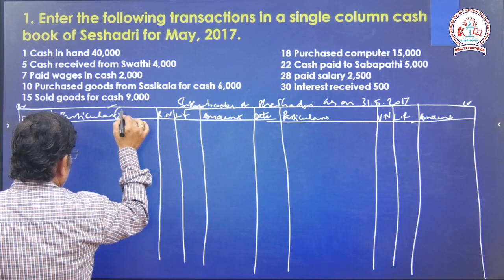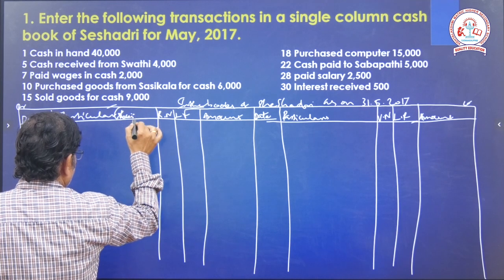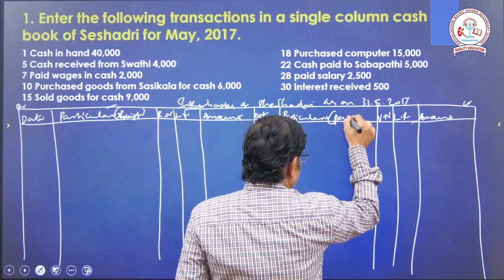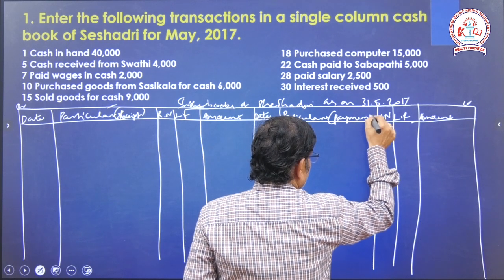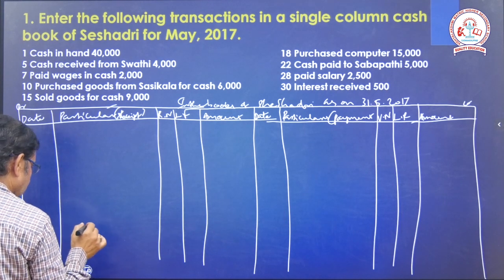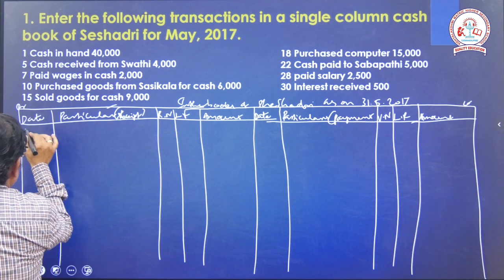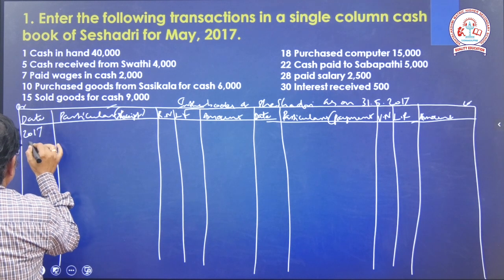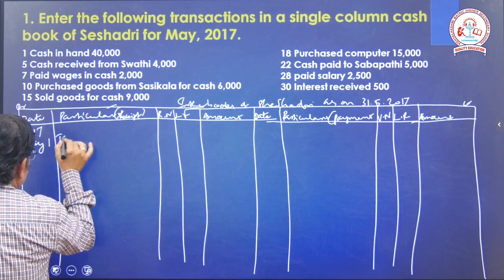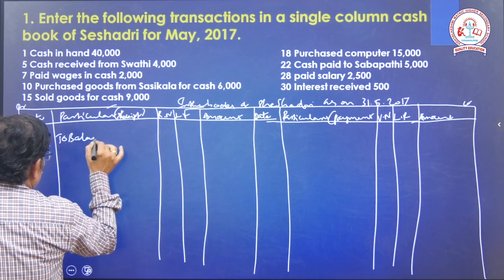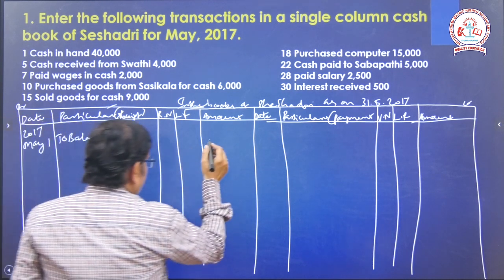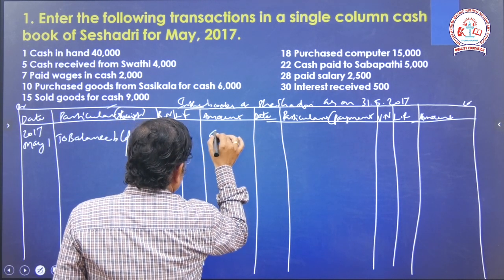In the particulars column you write the name, receipt here, payment there. 2017 May 1st, to balance b/d, and write the amount in the amount column, rupees 40,000.